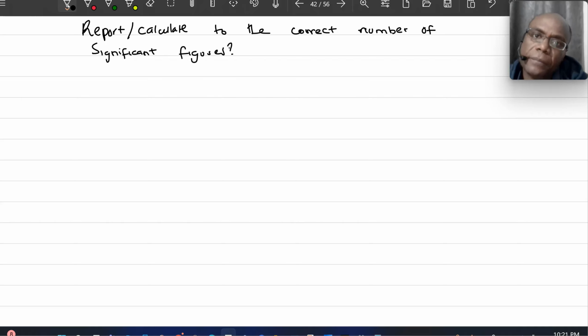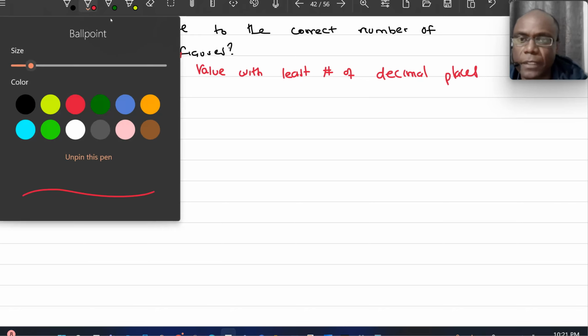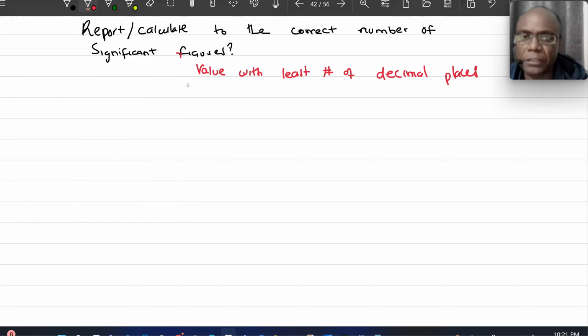Since we are adding and subtracting, our attention will be on the value with the least number of decimal places. In multiplication and division, we went with the value that has the least number of significant figures. In addition and subtraction, you go with the one with the least number of decimal places.